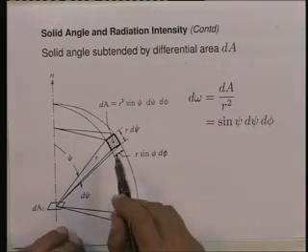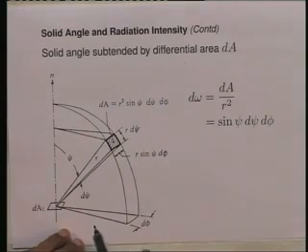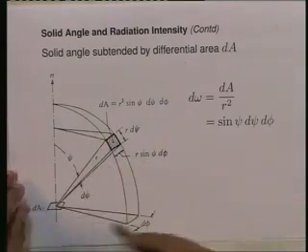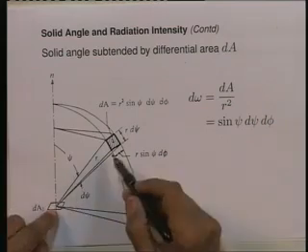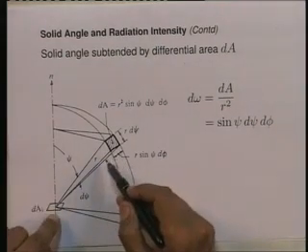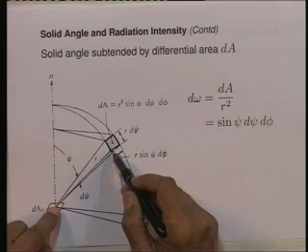I would like to know what is the solid angle subtended by dA in spherical coordinate system. Now, this is a typical spherical coordinate system. R is one coordinate, the radius r from the center to the area dA.